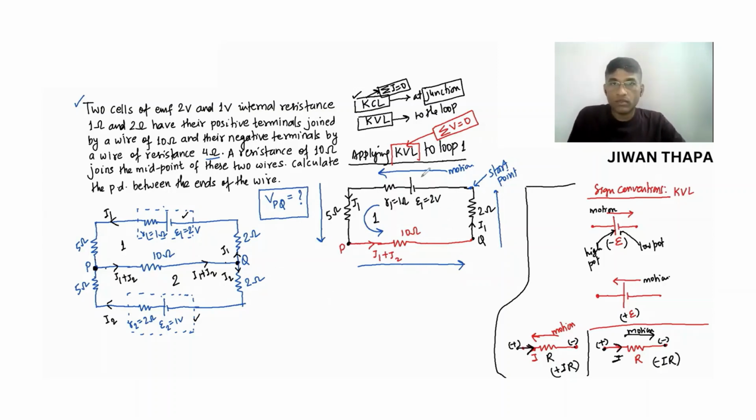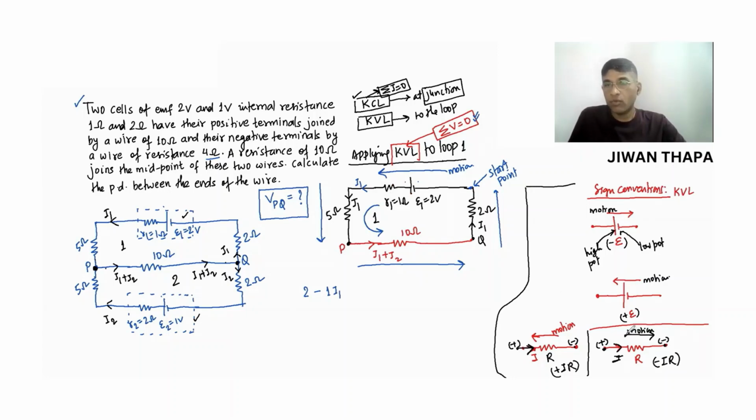Now, from Kirchhoff's voltage law, summation V, that is potential drop, equals 0. So we are moving from negative to positive of this cell, so the EMF is taken positive. And we are moving along the direction of current, and if we find the product 1 times I1, then this is taken as negative.